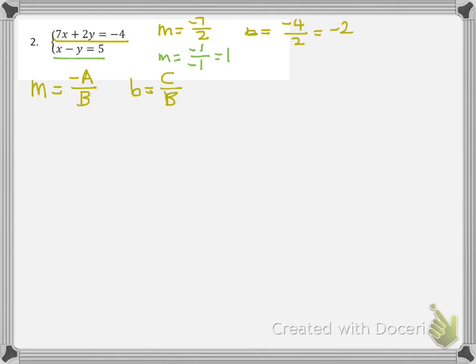We've got a negative 7/2 for one slope, and a positive 1 for the other. They are going to cross each other, so I know for sure there is one unique solution to this system. And I'm going to show you a way to solve that later on. Number 3. By the way, this is one unique solution.